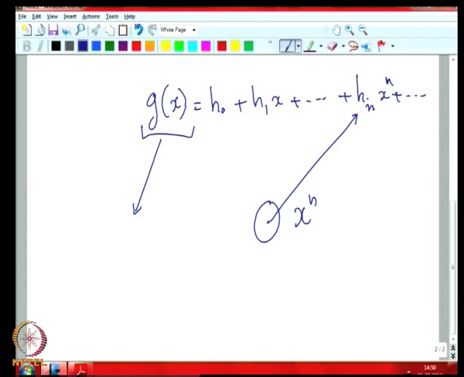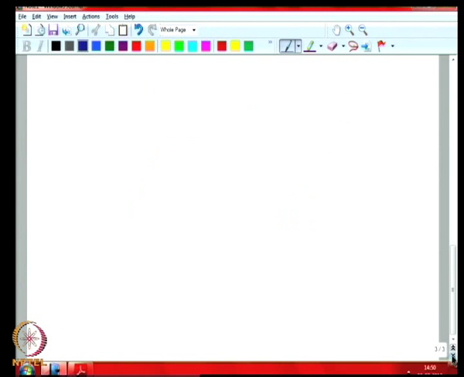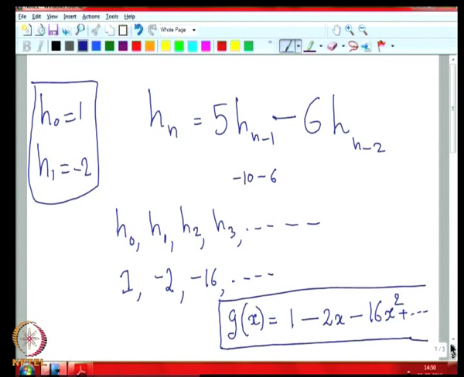This is what we want to do. How will we find it? Earlier we had some examples where we could infer the coefficient of x to the power n given a closed form expression for g of x.